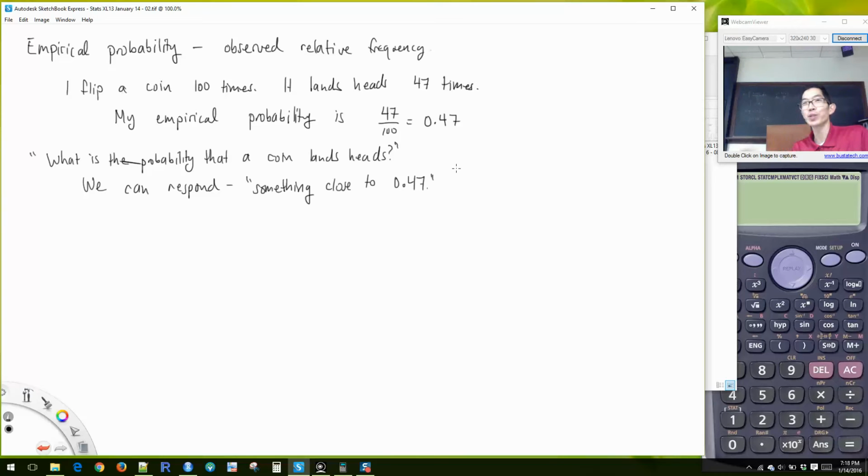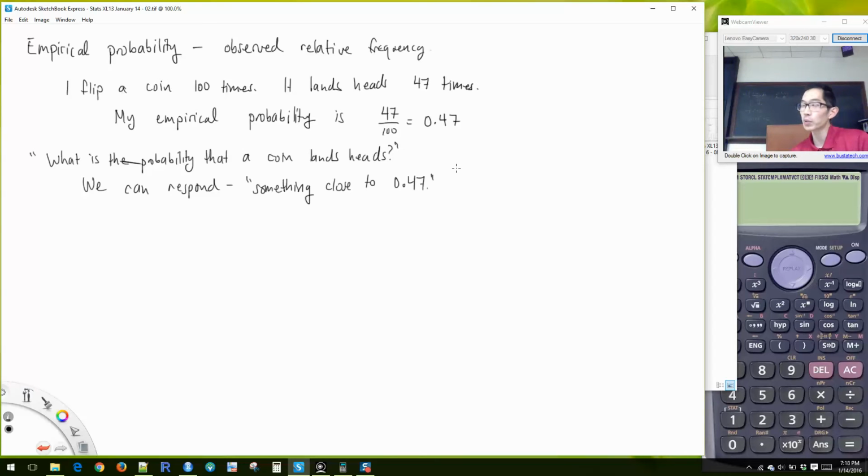Now, with flipping a coin, it's very simple. There's just two sides, so it's either going to land heads or tails, and each side is equally likely, so it's easy to see that the probability that a coin lands heads is 0.5. Okay? But we often have very complicated scenarios, okay? Complicated things where the math or the physics behind them are not easy to understand, okay?